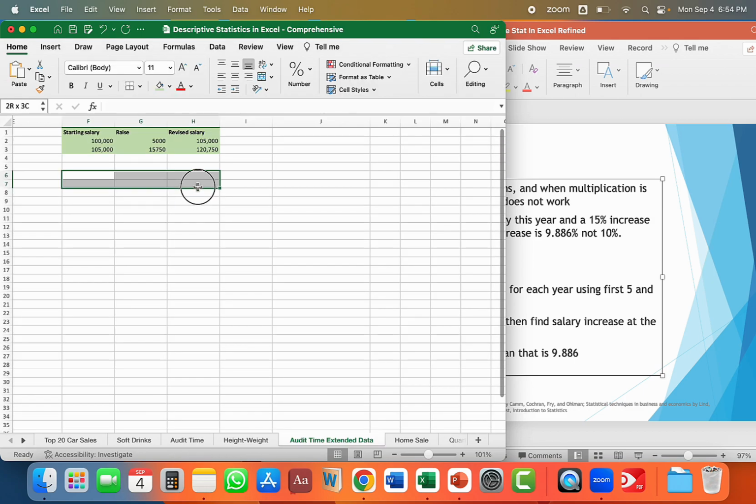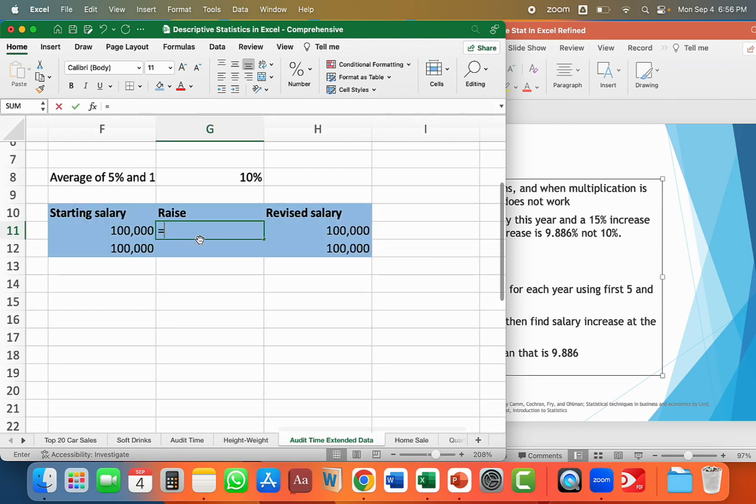Now I'm going to use the arithmetic calculation. Now your raise will be your starting salary multiplied by 10%, and your salary at the end of the first year will be 110,000.